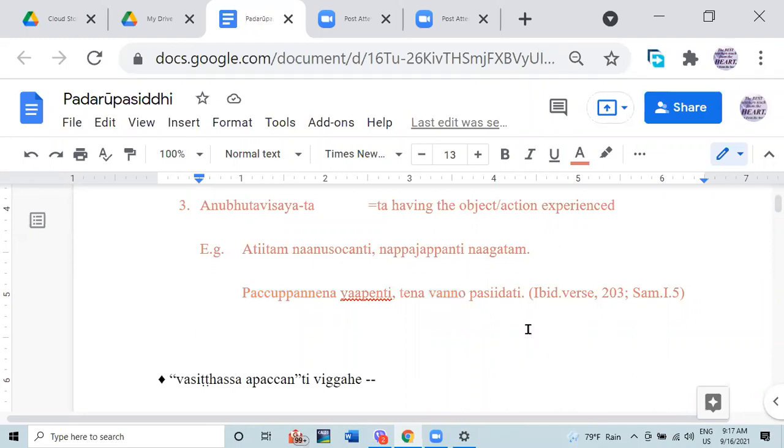So here, tena refers to what? Does it refer to atitam, or anagatam, or paccuppannena? No. Tena refers to nanusocanti, nappajappanti and yapenti.